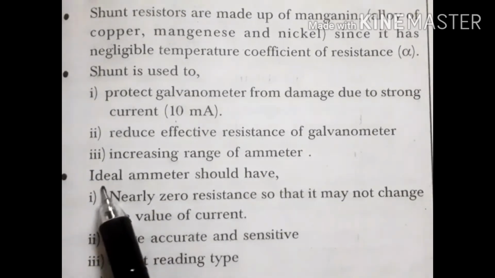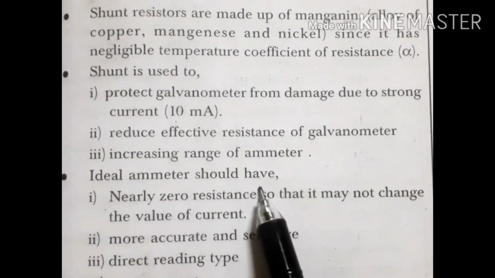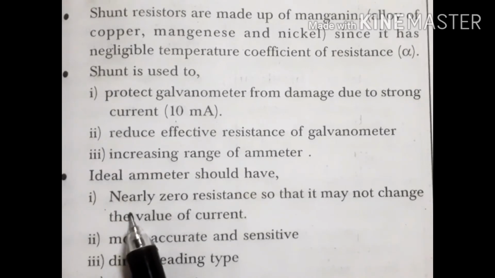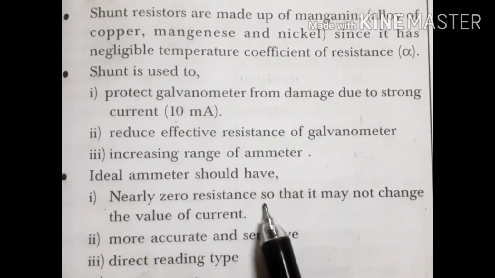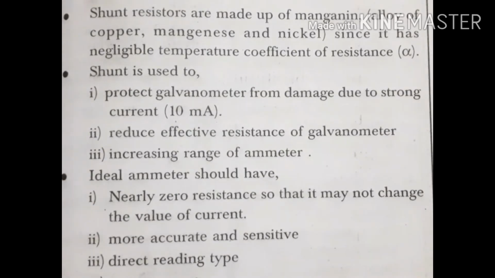Now, the next point is related to an ideal ammeter. An ideal ammeter should have nearly zero resistance, so that it may not change the value of current.